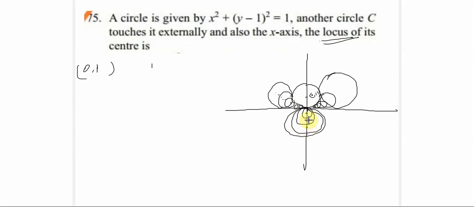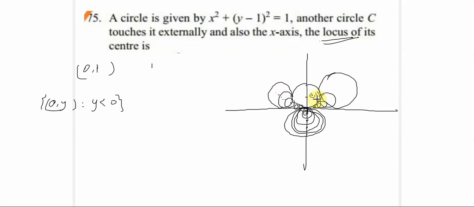You can have many circles here, all touching the circle externally and also touching the x-axis. So that is one part of our answer: (0, y) with y less than 0.